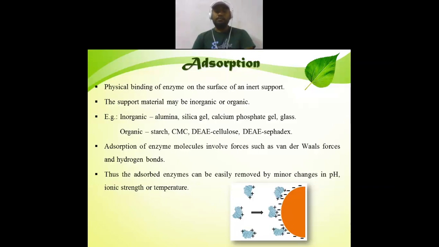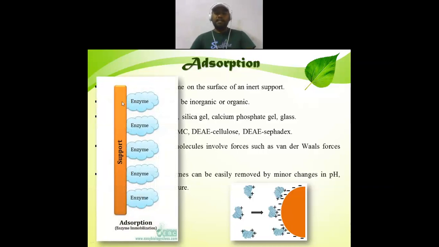Thus, the adsorbed enzyme can be easily removed by minor changes in pH, ionic strength, or temperature when we want to use them. So this is how enzymes are adsorbed on the inert support, which may be inorganic or organic.